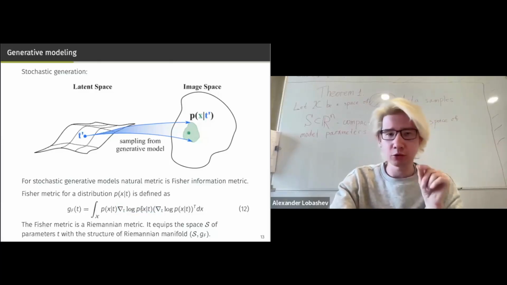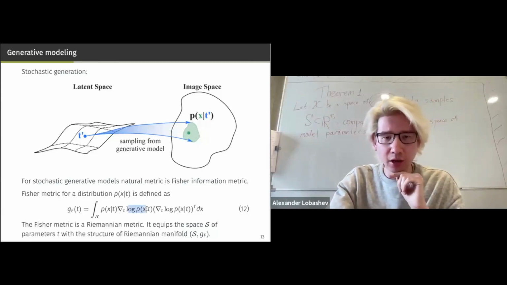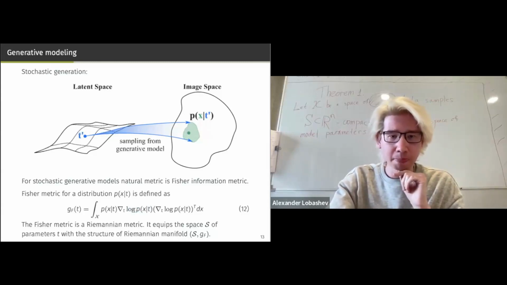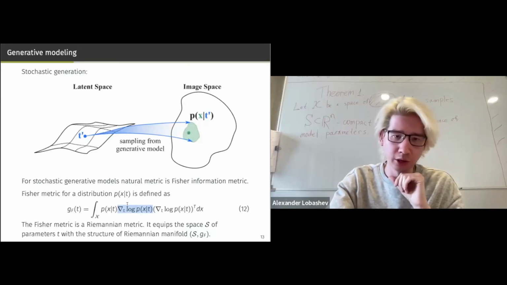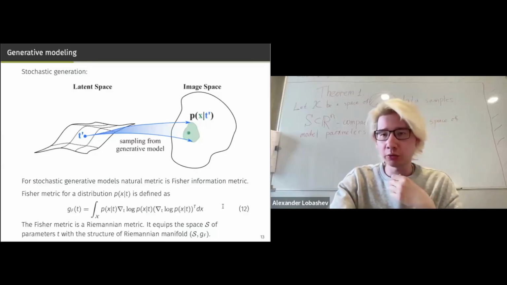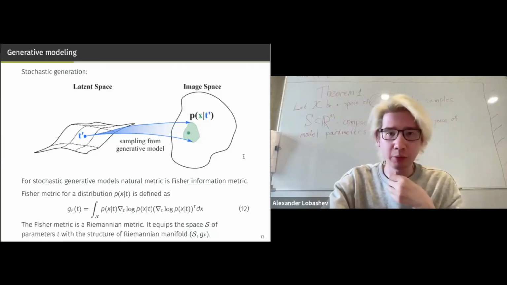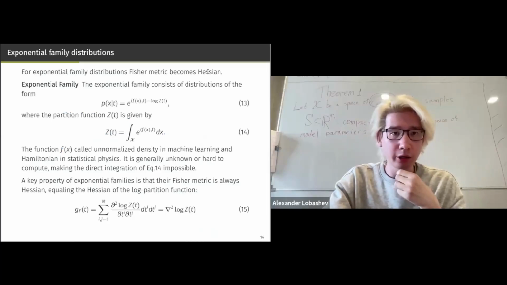But this is a different score function, because in diffusion models, what is called the score function is the logarithm of p, and the gradient is with respect to x. Here we have a gradient with respect to t, and if we know an estimation of this gradient, we just average it with respect to our samples. So this is one of the ways to estimate it for some stochastic generative model. Okay.